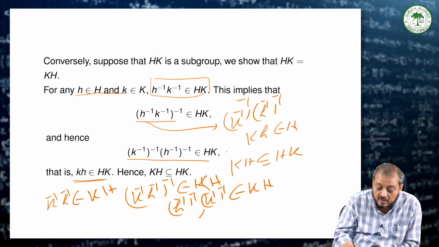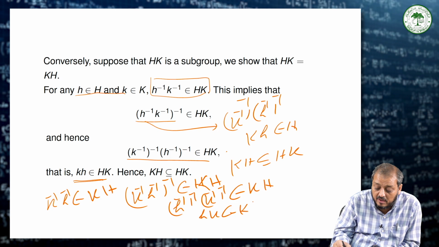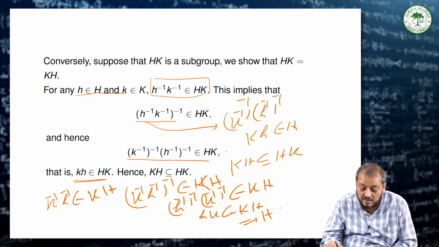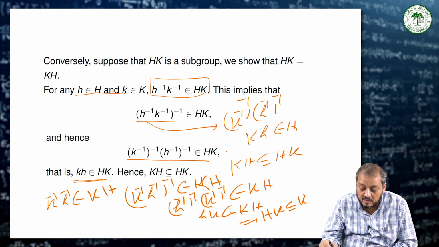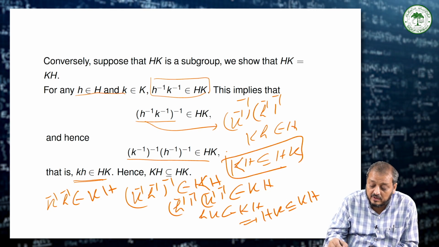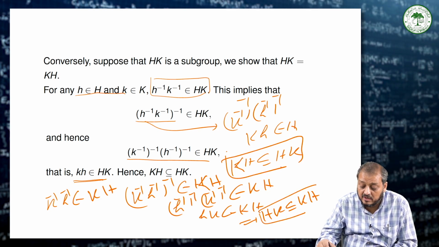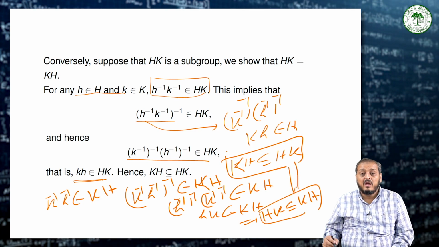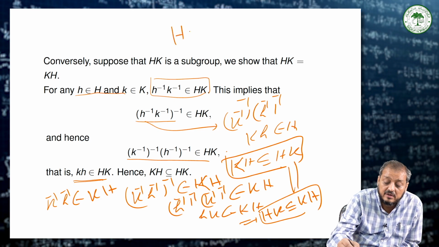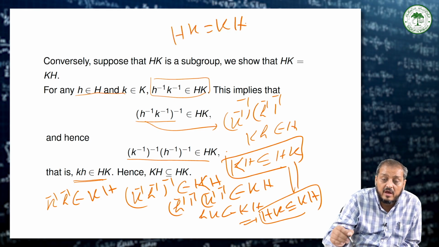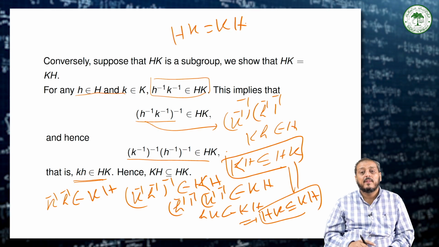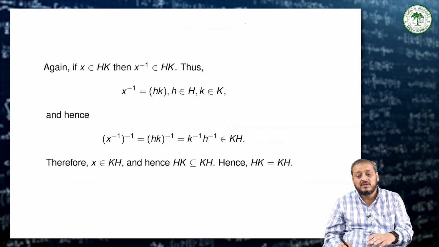Then this is nothing but hk, an element of KH. So HK is contained in KH. So we have shown that KH is contained in HK and HK is contained in KH. By these two conditions, HK is the same as KH if HK is a subgroup of the group G. Now this completes the proof of this result.